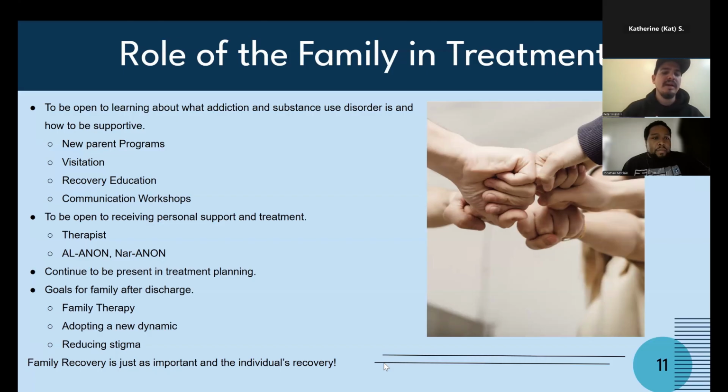Continuing to be present in treatment planning is crucial, especially those with substance use disorder and the goals for family after discharge. Family therapy is one that's very crucial.